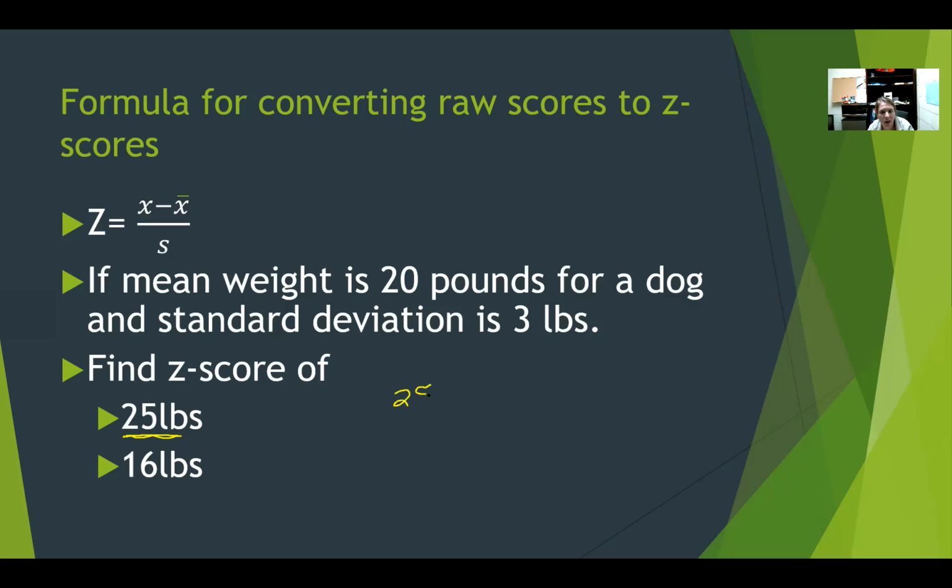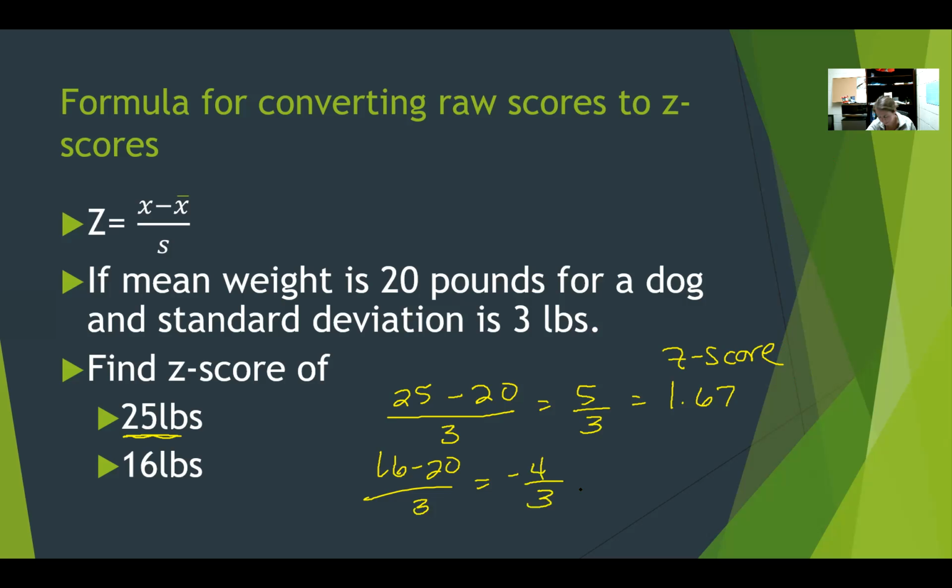So you do 25 minus your 20, which is your mean, all divided by 3. That ends up with 5 over 3, which means that your z-score is going to be approximately 1.67. Same thing for this one, 16 minus 20 over 3, that's negative 4 over 3, which is negative 1.33, which we know is the same thing as your z-score of 1.33.